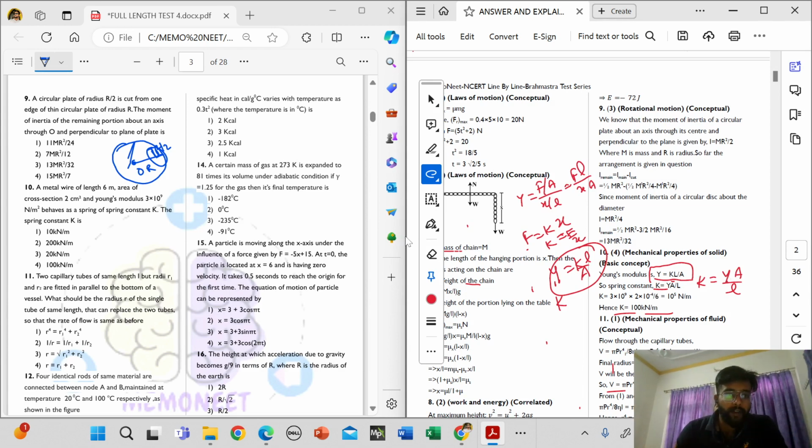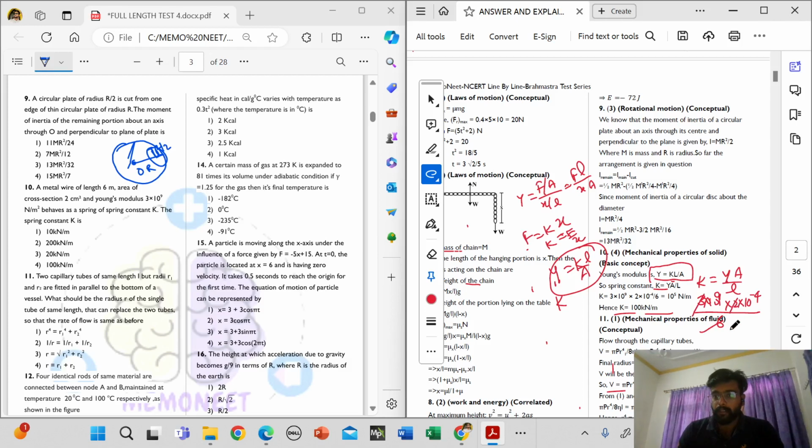The value of Y is 3 into 10 raised to power 9, and area is 2 centimeters square. Look at the units: the length is in meters and the cross section is in centimeter square, so convert to standard units. We multiply by 10 raised to power minus 4 and divide by the length, that is 6.